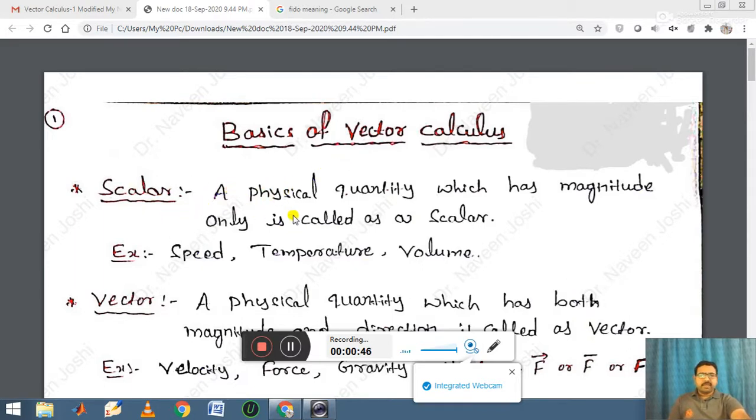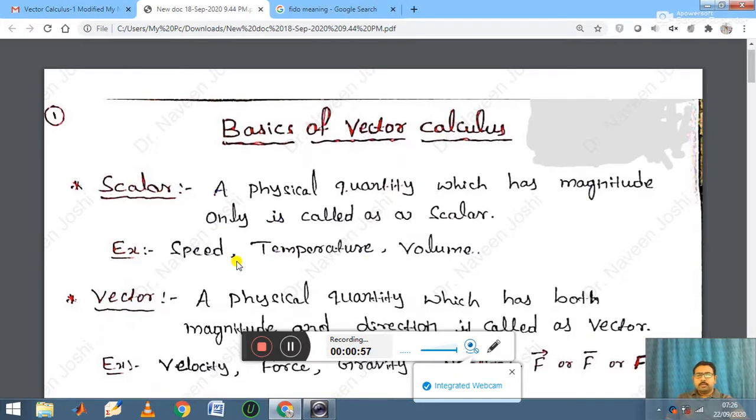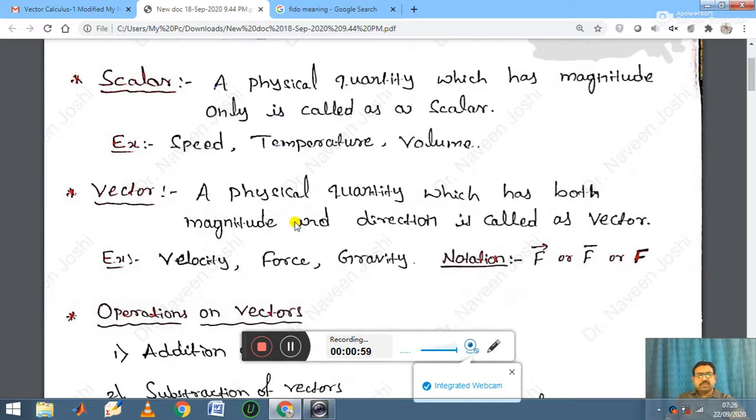A physical quantity which has magnitude only is called a scalar. Examples: speed, temperature, volume. A physical quantity which has both magnitude and direction is called a vector. Examples: velocity, force, gravity, etc.